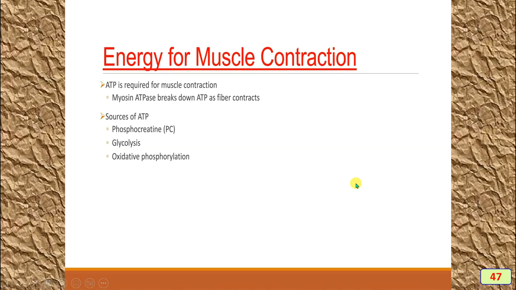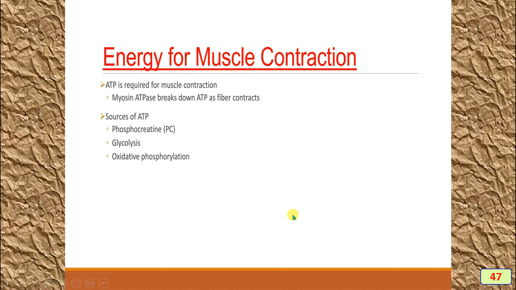Then, what is the source of the energy for muscle contraction? As usual, it is adenosine triphosphate. So, what are the sources of adenosine triphosphate? It is phosphocreatine, then glycolysis, then oxidative phosphorylation.